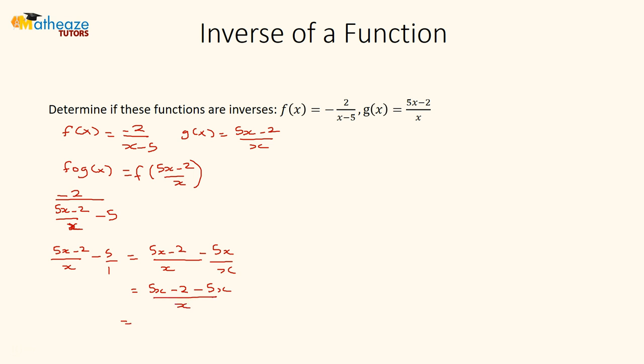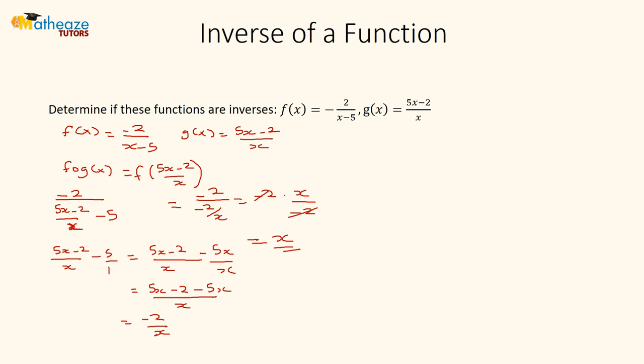This is going to give us -2 over x. So this now becomes negative 2 over negative 2 over x, which is negative 2 times x over negative 2. This crosses out, so we now have x. So these are inverses of one another.